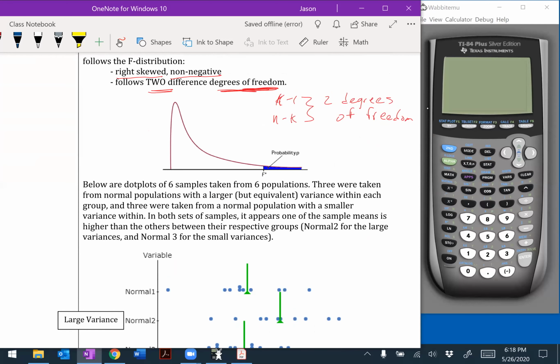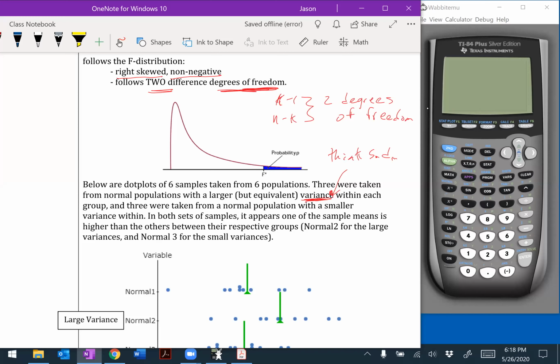Below are dot plots of 6 samples taken from 6 populations. 3 were taken from normal populations with larger but equivalent variances. When you think variance, just think standard deviation. They're basically synonymous.